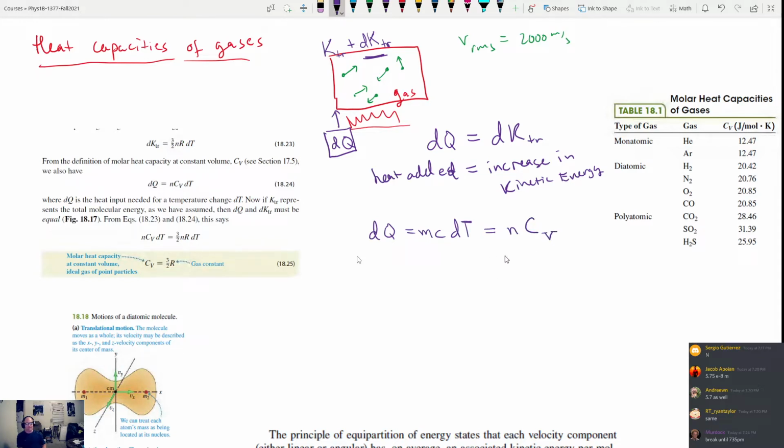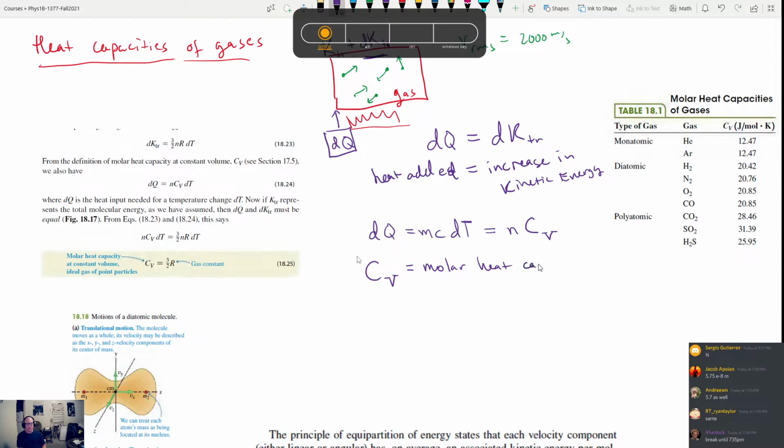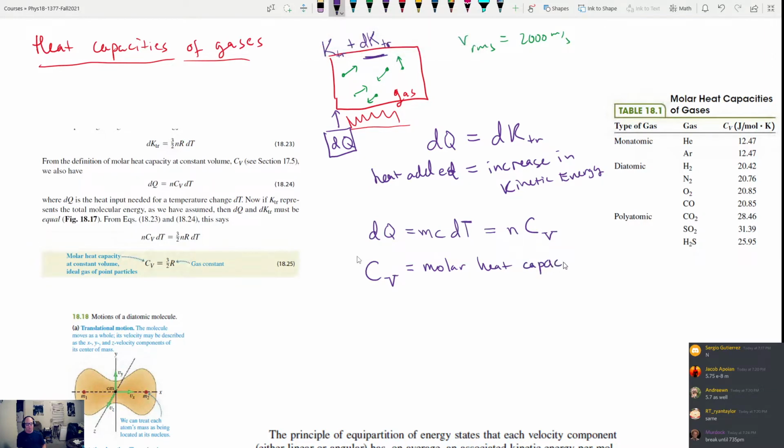So Cv is called the molar heat capacity, because it's in terms of moles. Molar heat capacity at constant volume. And then we would just have n times Cv dT.